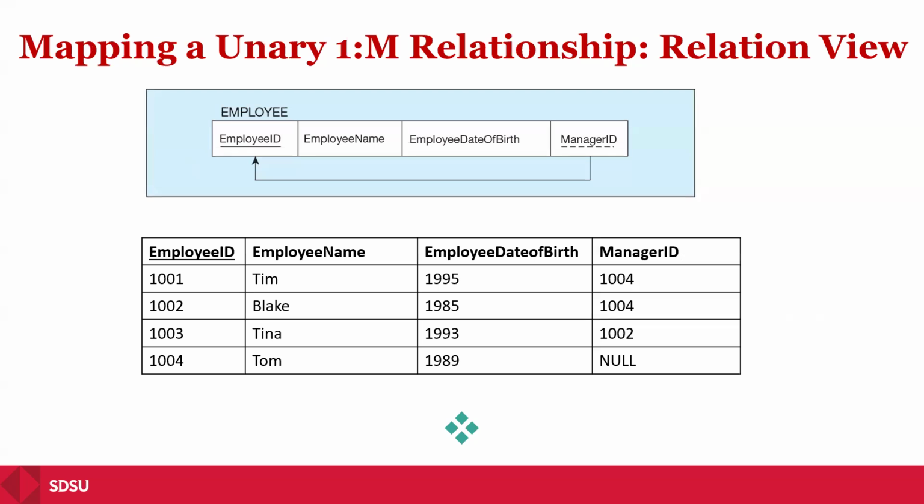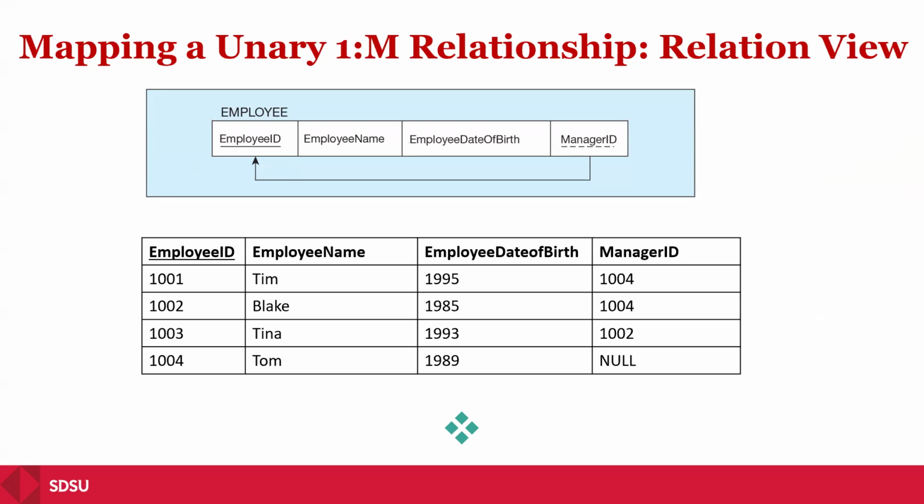All right, so here is the data for that case to give you more context. We have employee 101 who has a manager, employee 104. Tom, with employee ID 104, manages Tim and Blake.